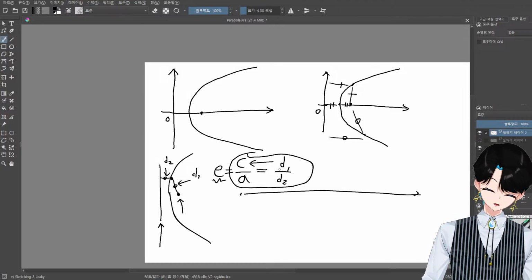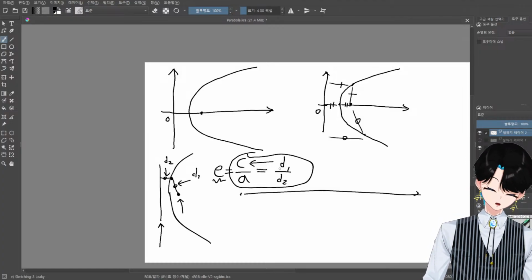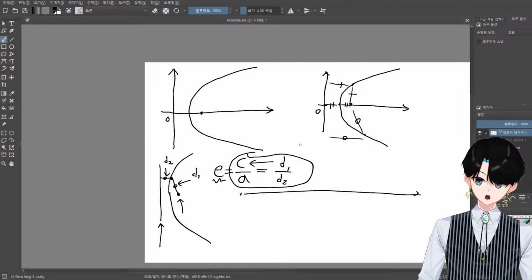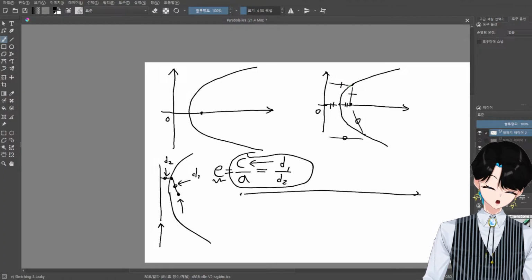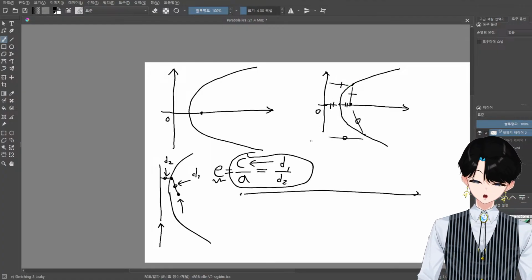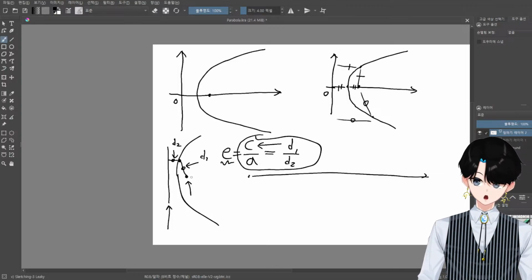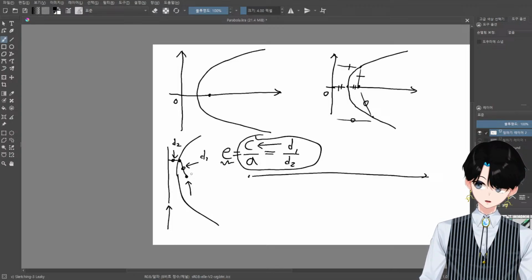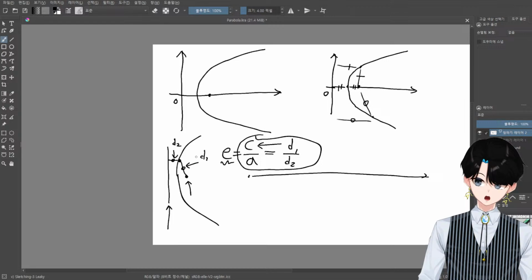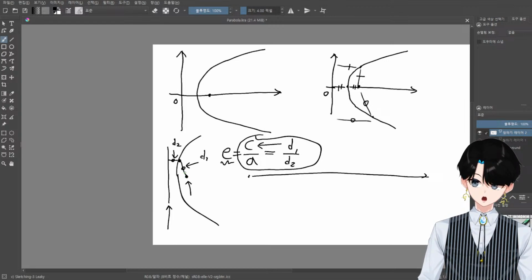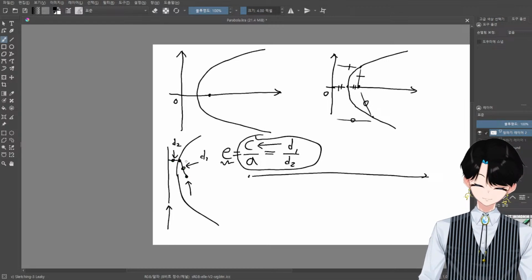So the eccentricity of a circle is 0, an ellipse is 0 point something, a parabola is 1, and a hyperbola is over 1. And now it makes sense.